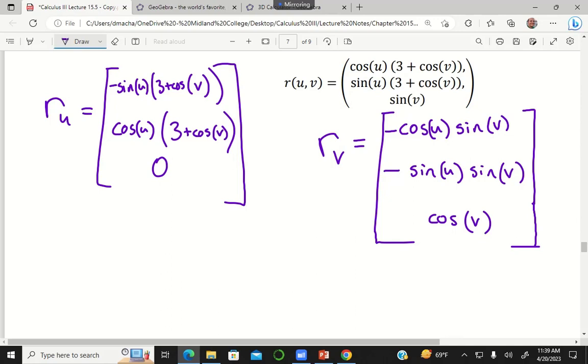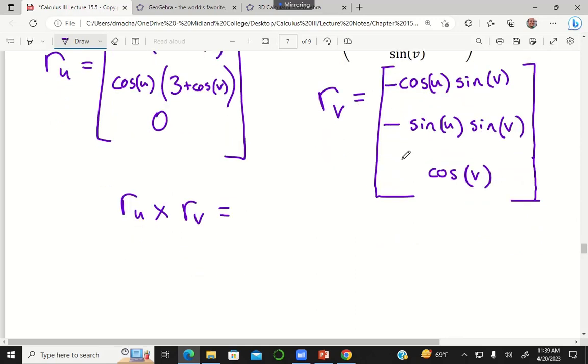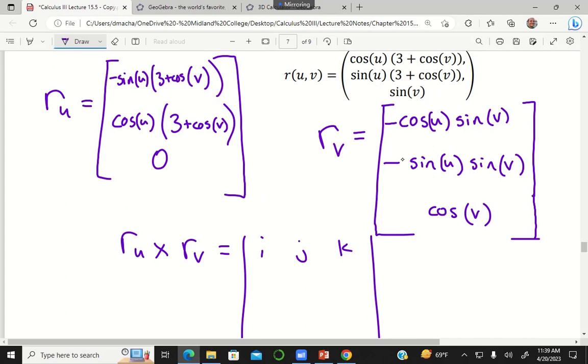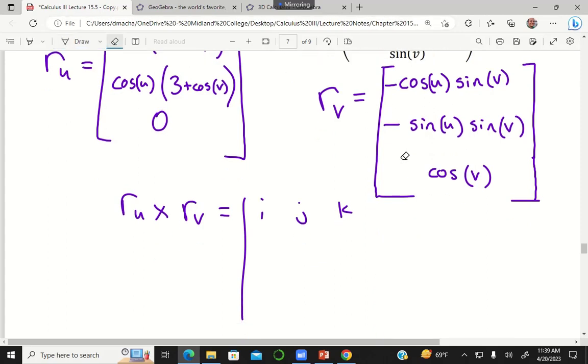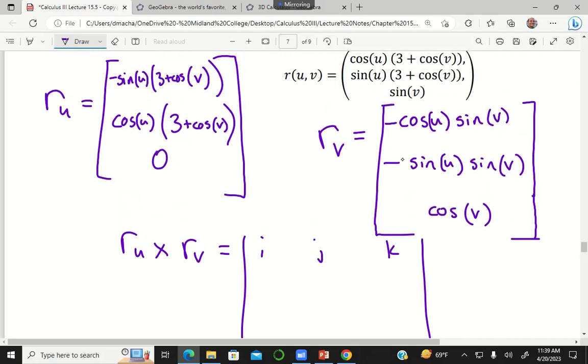Okay, now we want to take the cross product so that we can find our normal vector. So ru cross rv is going to be the determinant of that 3 by 3 matrix looking thing, where it's i, j, k. And then I'm going to need a lot more room. I might have to write pretty small too.